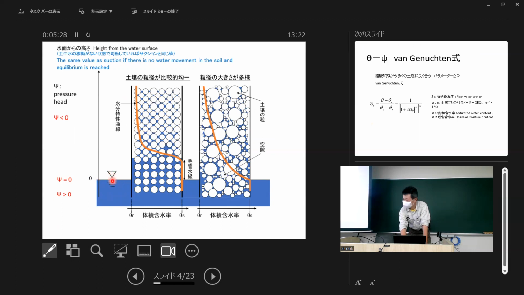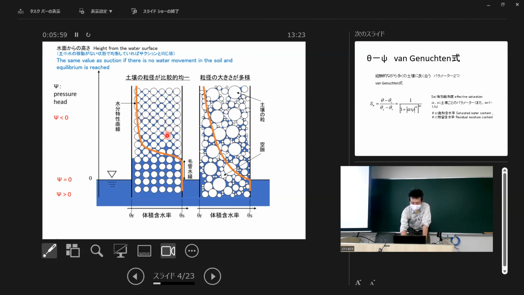Surface is here. This is a column, a cylinder. This is like a cylinder, another cylinder, and this circle means soil particle. Let's say this is a soil grain. This column, this cylinder has equal or uniform soil particle size.